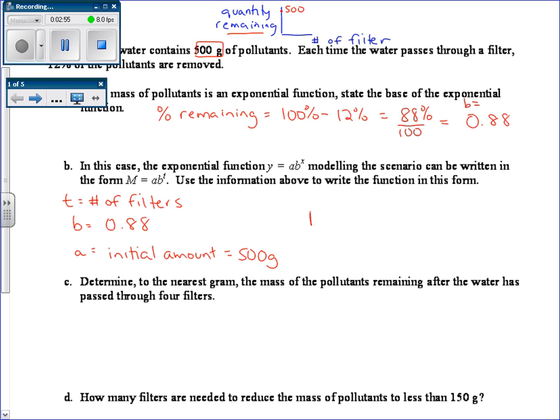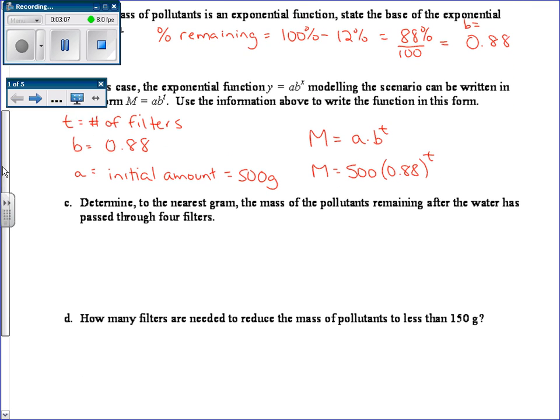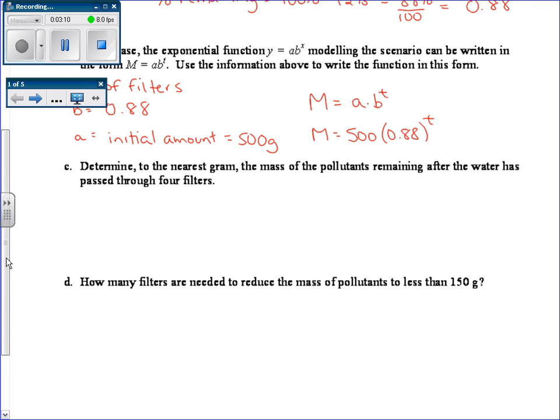So then our exponential function, m is equal to a times b to the power of t, will become m is equal to 500 times 0.88 to the power of t. So with that function, we can do different things. We can figure out the amount of pollutants remaining after a certain number of filters. And if we know the amount remaining, we can solve for the number of filters it's gone through.